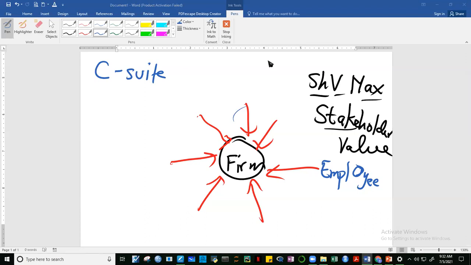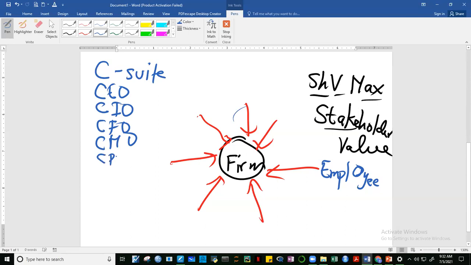Yung C-suite, guys, ito yung mga kaya ang tawag sa kanya C-suite kasi nawawala tong... Okay. Ito yung CEO, CIO, CFO, CMO, diba? Ngayon nga may nakikita akong CPO no?